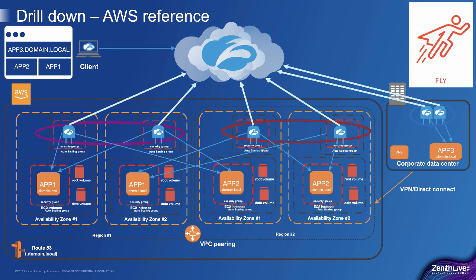And then if a user goes to access an app, those 3 applications, maybe it's a web site with app3.domain.local, app2 in another frame, app1 in another frame, that request comes into the Zscaler Private Access Cloud. We identify the policy, we enforce the policy, and then we connect the user to the applications. So the user request to app3 comes over via the connectors in my physical data center.